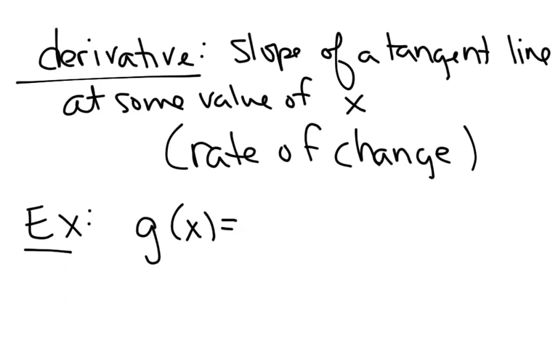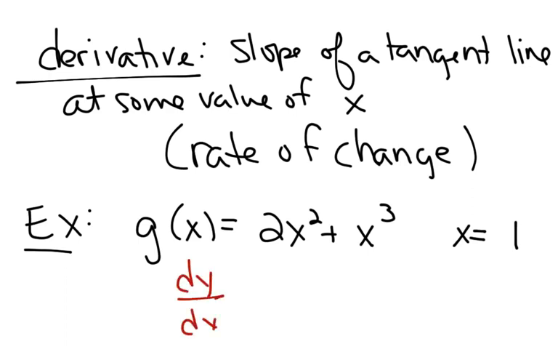So let's say I tell you that g of x is equal to 2x squared plus x cubed. And I want you to find the derivative at x equals 1. Well, the way the derivative works is you multiply by the exponent, and then you take 1 away from the exponent. Any constants already in front of the variable, you multiply.